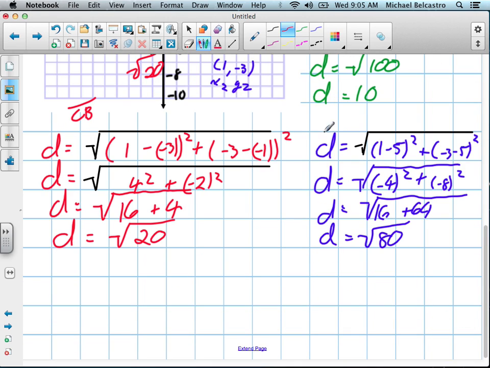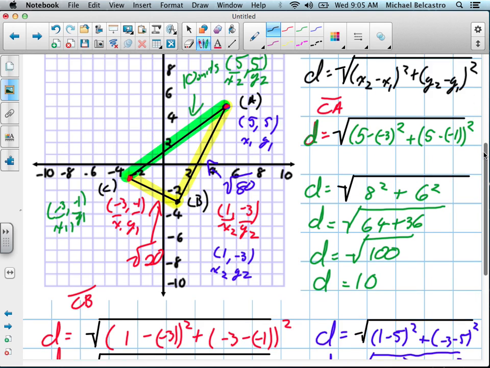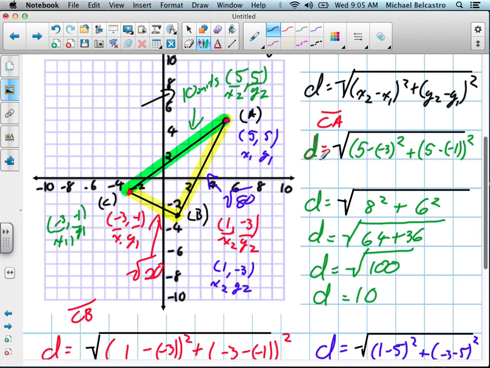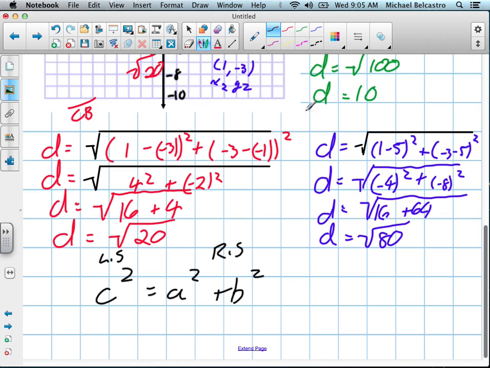To prove it's a right angle triangle, we said we know that Pythagorean's theorem must work. So c squared equals a squared plus b squared. In other words, we have our left side of the equation and our right side. We need them to both be equal since we have values for a, b, and c. C has to be the hypotenuse, which in this case is 10 units. So we plug 10 units in for the hypotenuse squared is equal to, and which is a and which is b doesn't really matter, root 20 squared plus root 80 squared.